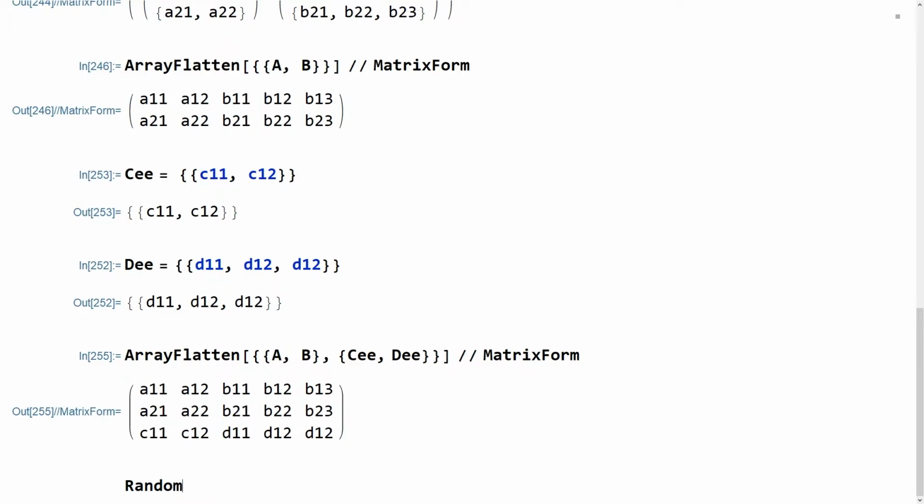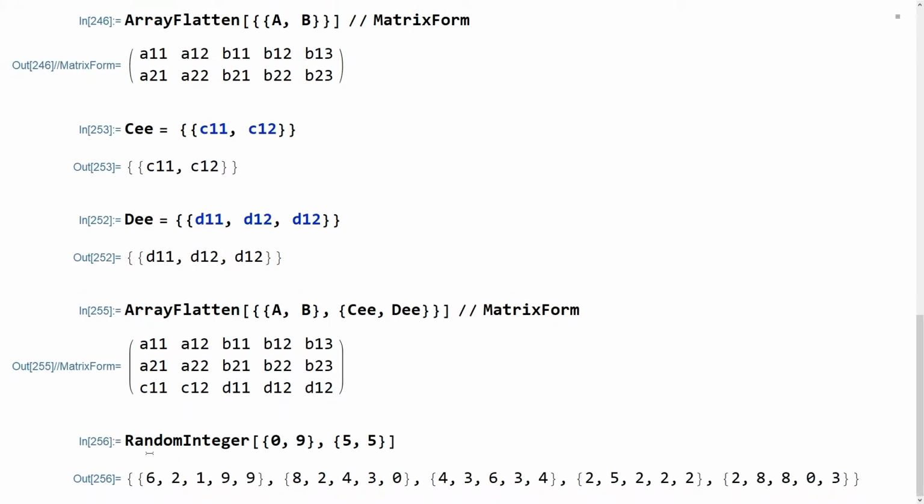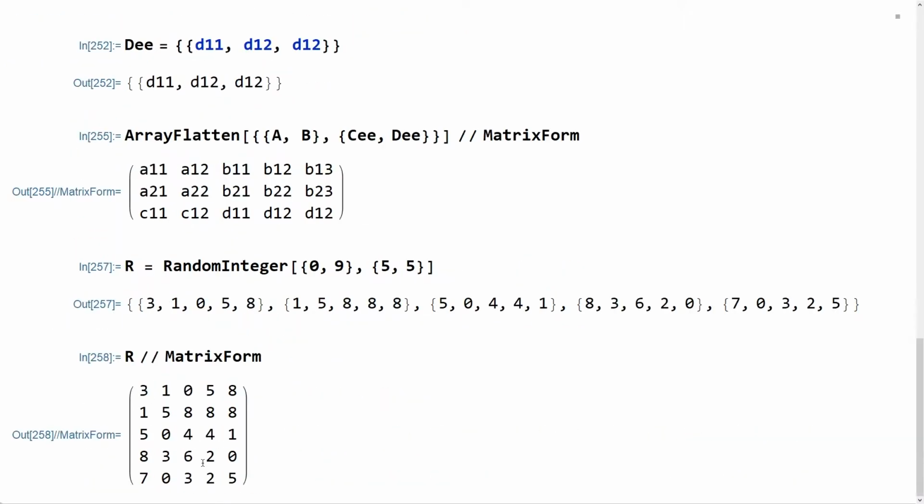Suppose we pick a random integer from 0 to 9, and we're looking at a 5 by 5 matrix. We'll call this R, and we can look at what R looks like in matrix form, just to make sure that we've got a 5 by 5 matrix here.